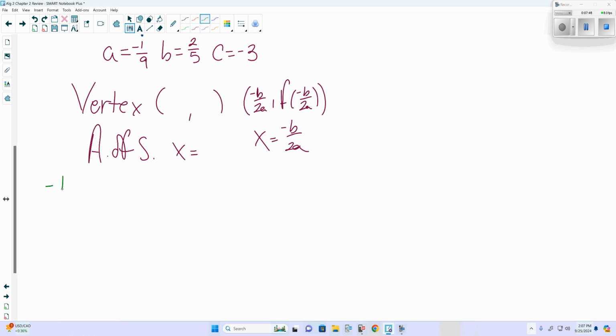Now, to find the first part, we need to find negative b over 2a. Well, our value of b is what? 2/5. The value of a is negative 1/9. Are you ready for the next part? Yes?